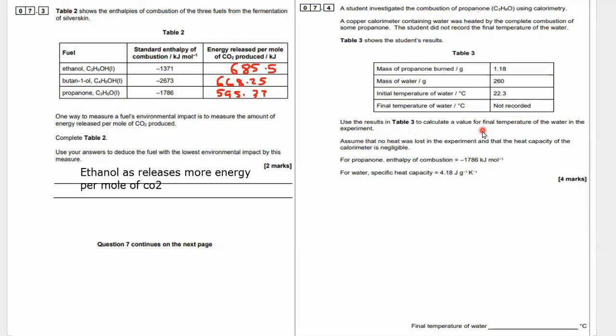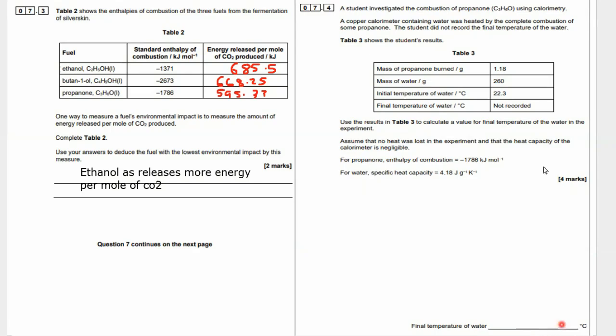Use the results in table 3 to calculate a value for the final temperature of the water in the experiment. Assume that no heat was lost in the experiment and that the heat capacity of the calorimeter is negligible. The enthalpy of combustion of propanone is minus 1786 kilojoules per mole. For water, the specific heat capacity is 4.18, and this is worth 4 marks.